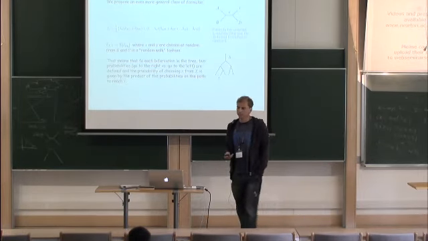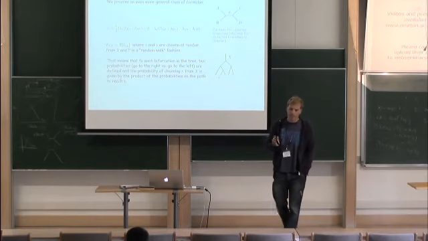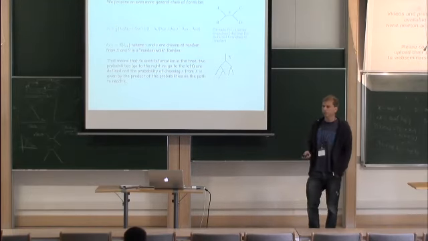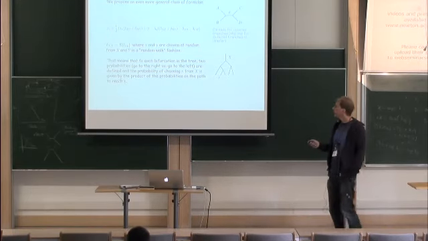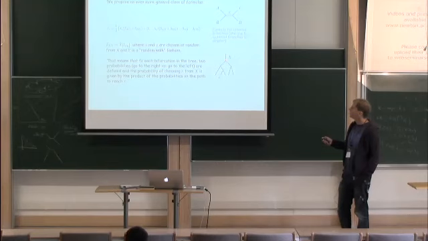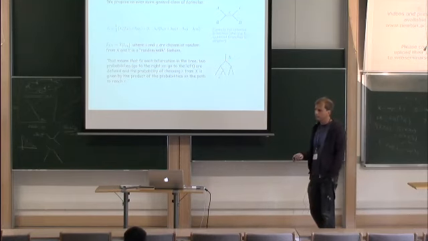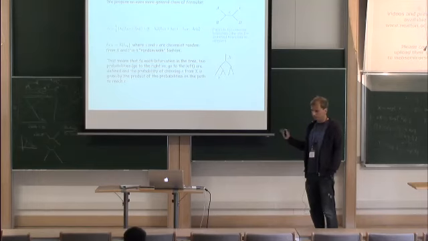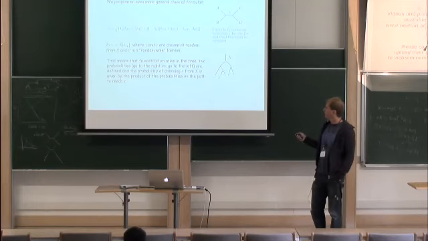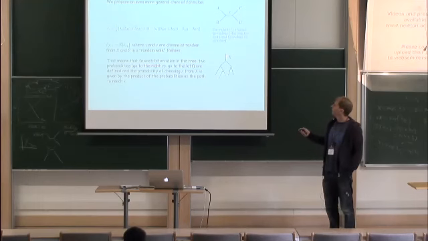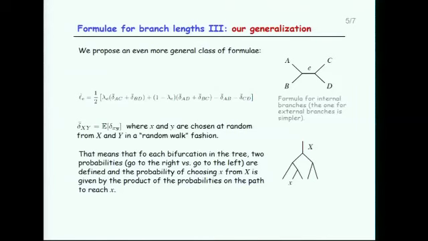It means that at each bifurcation inside the tree, these are all binary trees by the way, we assign a probability of going to the left and a probability of going to the right. Obviously, if we have these probabilities, this determines a distribution over the leaves of any clade. So the probability of picking this x from this larger clade is given by the probability of going left here, right here, and left here.